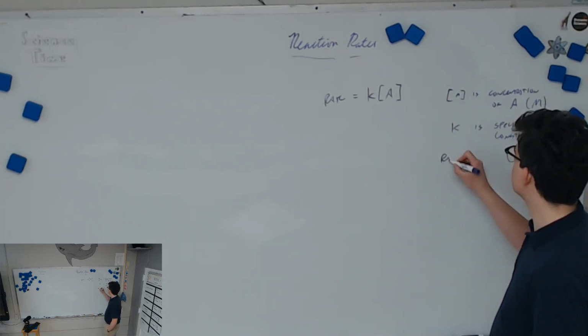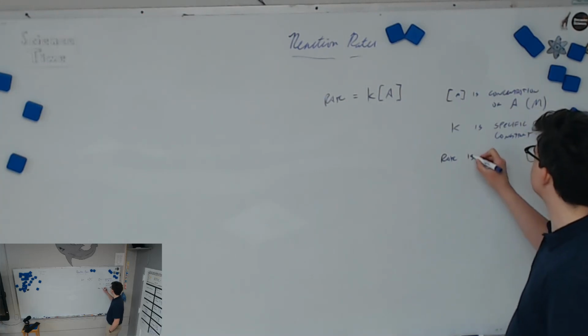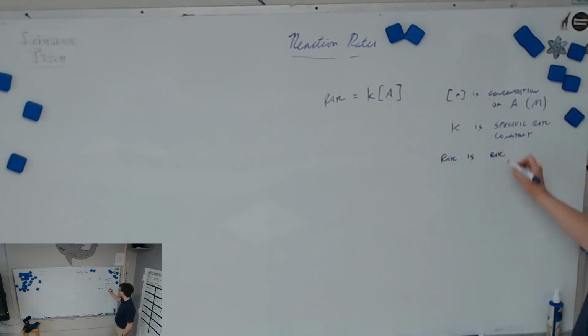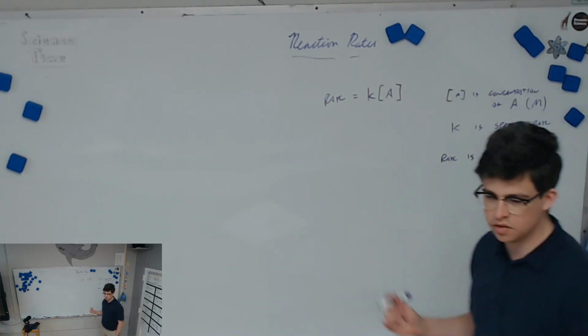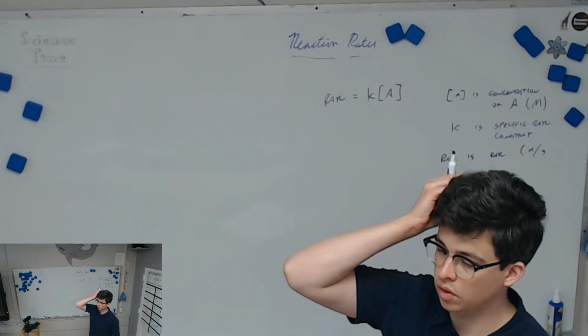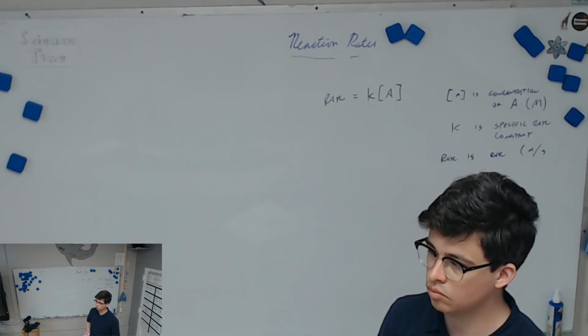And then rate is the reaction rate, and it's measured in what? Unit per time. Yeah, but what specific unit per what specific unit? Molar per second. You should remember that molar is also moles per liter.